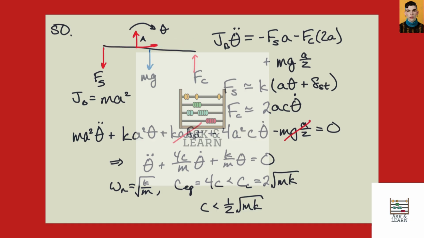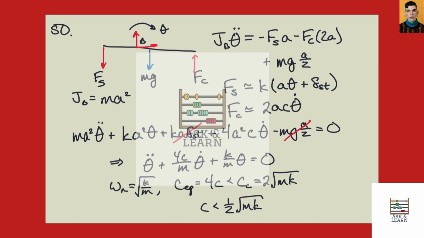Now we take moments about this point, and I just said that's J sub B. I'm not sure why this is point B here, according to the book. Then we have the moment from the spring force, where this distance here is a, and then the moment from the damper, and this moment arm is 2a.